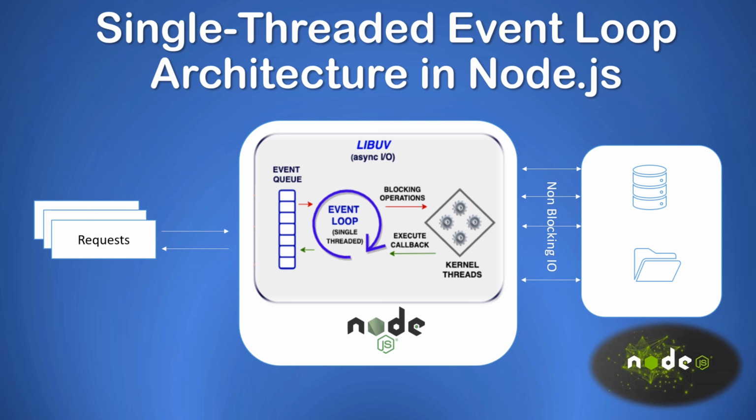Node.js processes user requests differently compared to the traditional server model. Node.js runs in a single process and the application code runs in a single thread, and thereby it needs fewer resources than other platforms, because it works on a single thread and needs very few resources.